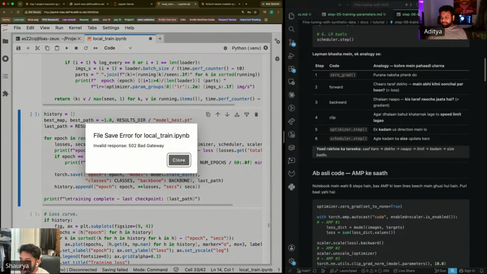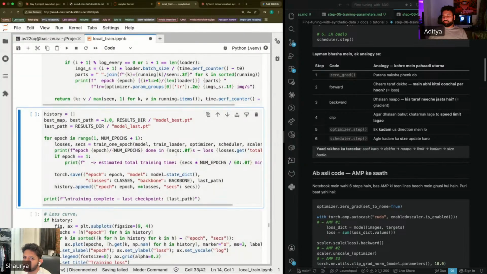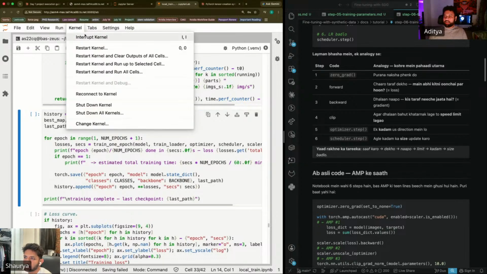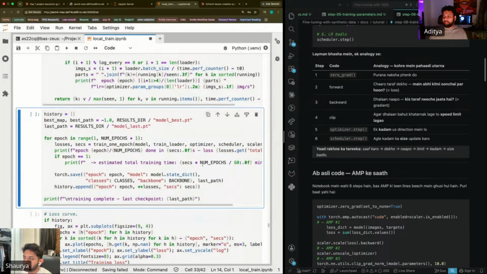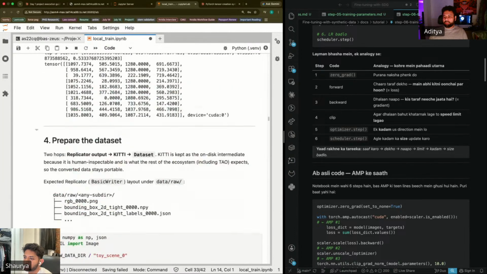Error. Oh, try again. Your kernel died. Restart your kernel. Go to kernel, restart and clear output, and then you have to come back and run until over here.